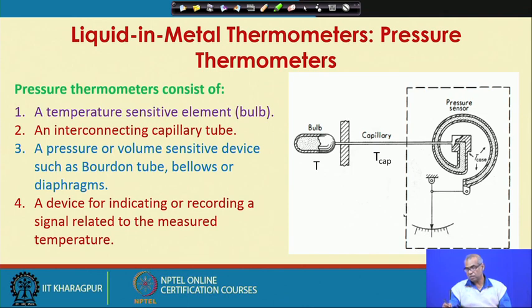But this capillary and this case have different temperatures, and these temperatures can also cause a change in volume of this capillary or this pressure spring. So, there will be some error due to ambient temperature, and we need to compensate for this error.